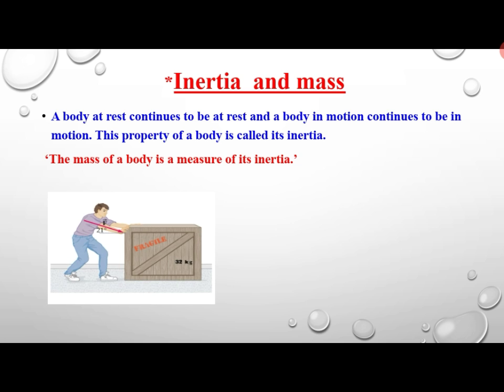So you can see from this figure that the person is applying force over an object which is fragile, and that's why very light as compared to the weight of the person. The weight of this object is 32 and the person's weight might be 60 or 70. So the force applied by the person is more than needed for this object, and it is easy for the person to move this object.